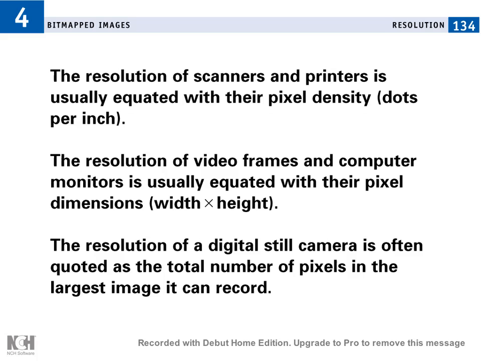The resolution of digital still cameras is often quoted as the total number of pixels in the largest image. For example, maybe 10 billion. Not much, 10 million. For example, 10 million pixels totally, it can record in a digital camera.